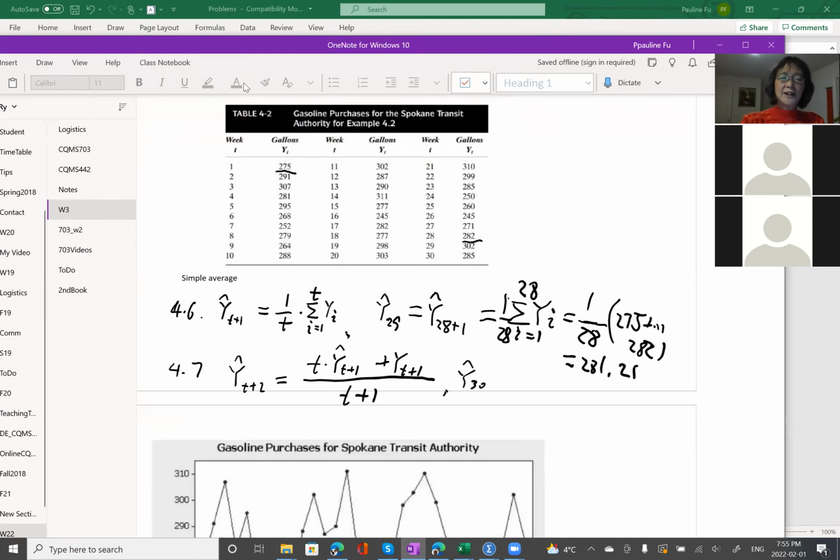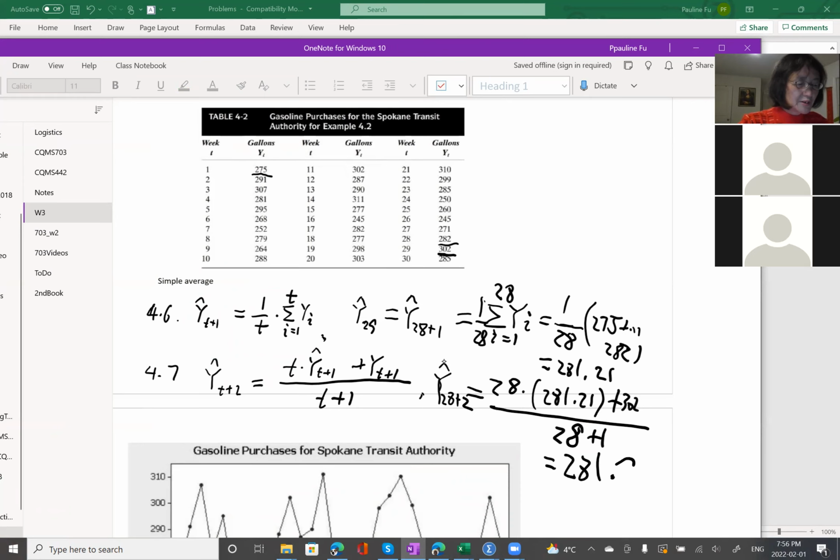The result for Y30 is 281.9. So that is how we did the forecast. Once you get the forecast, you can calculate the forecast error.